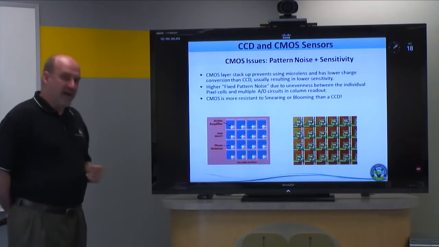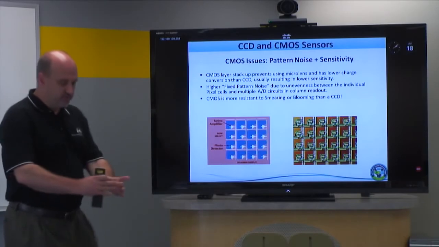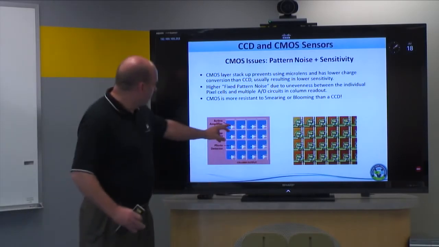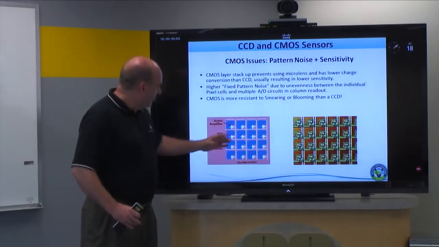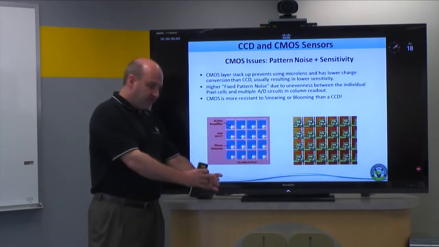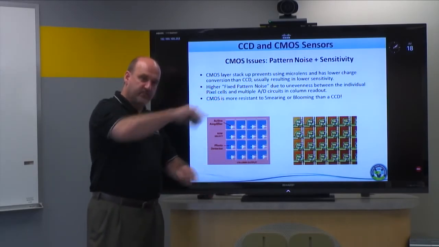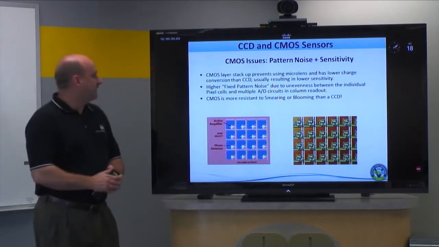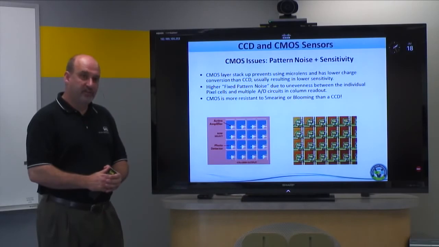What has typically happened then is CMOS imagers, because of the stack up, have a photosensitive well down in the bottom of the active area, but because it's built with layers, it's literally a photosensitive area in a well which has some depth. And because of this structure, CMOS imagers typically have not used micro lenses.